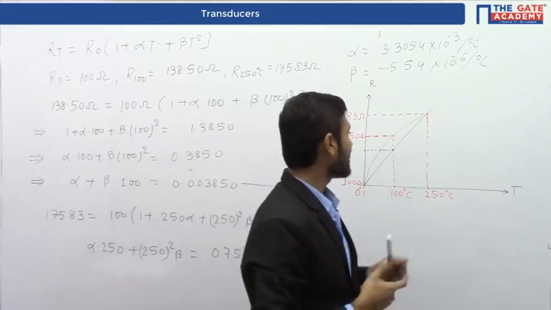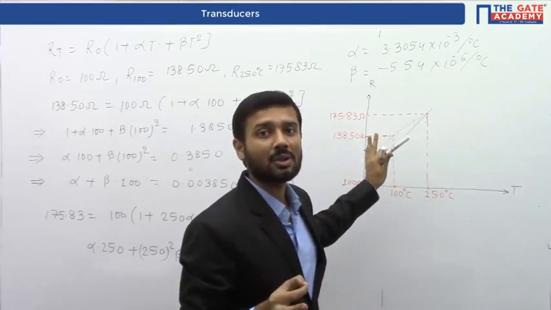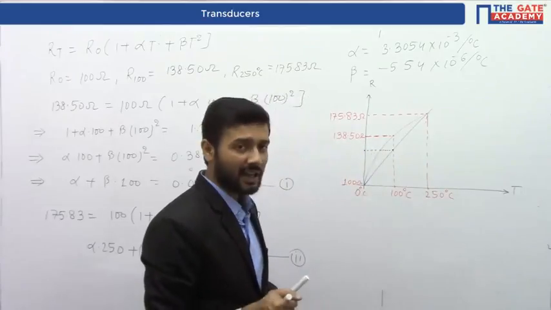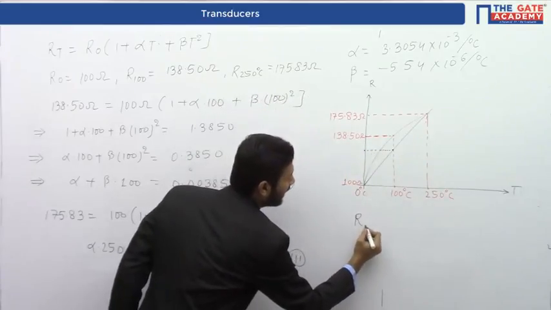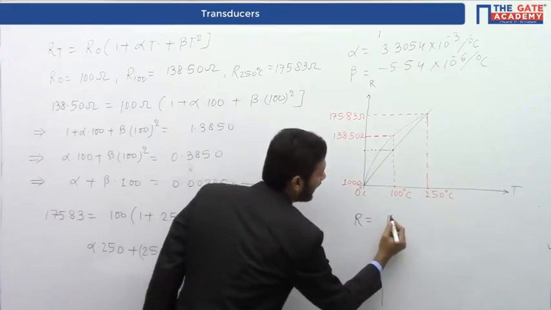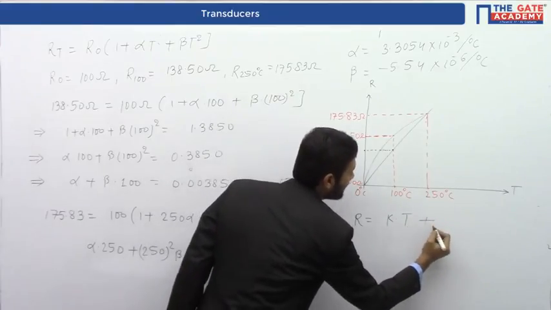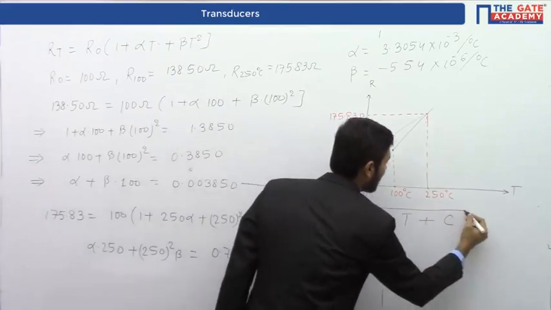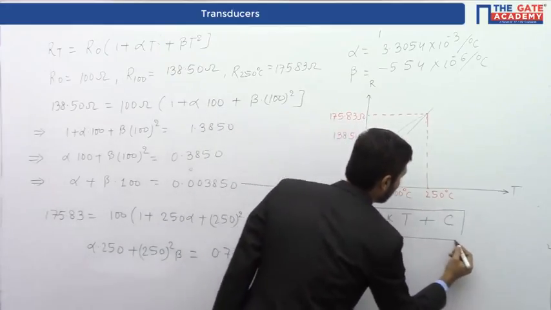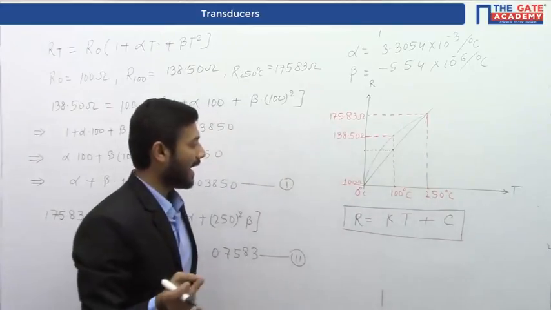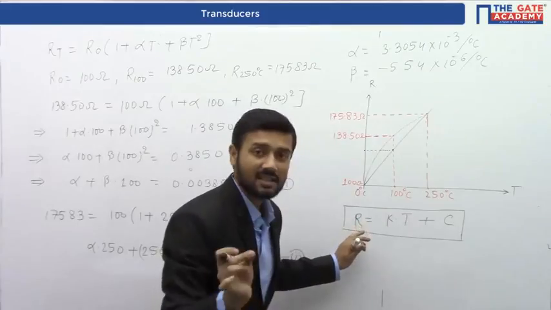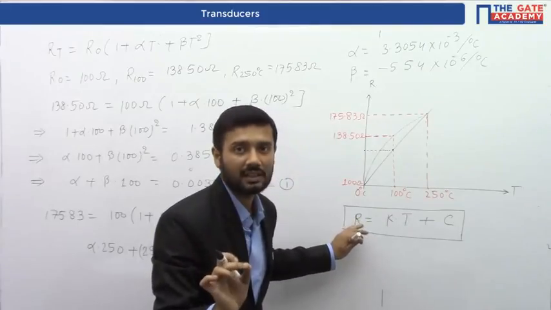We know this is a straight line. We have the relation between resistance and temperature as a straight line, so we can write the resistance R equals K into T plus C. At temperature T equals 0 degree C, the resistance value is 100 ohm.